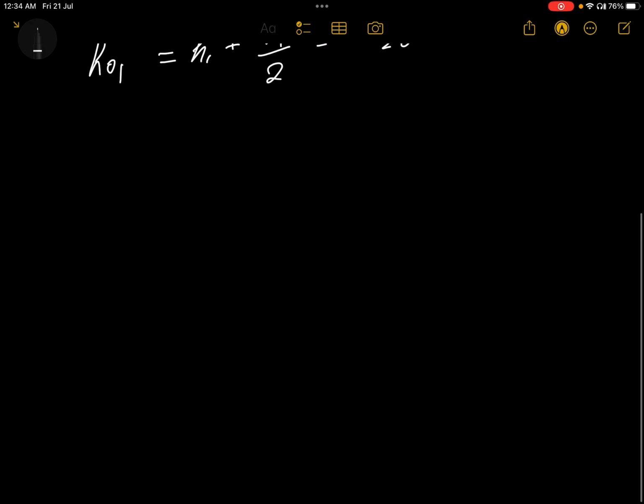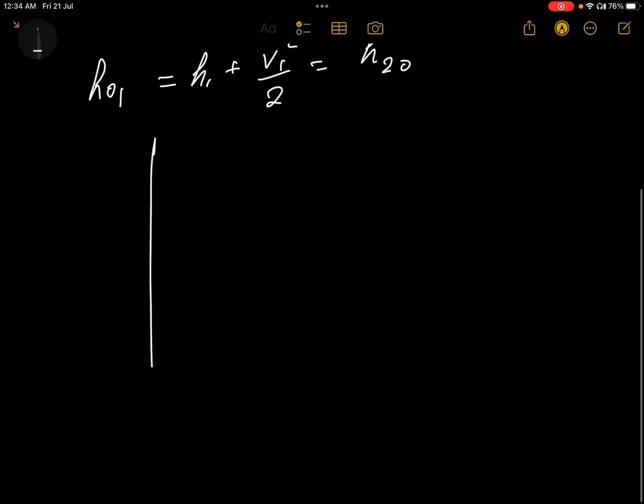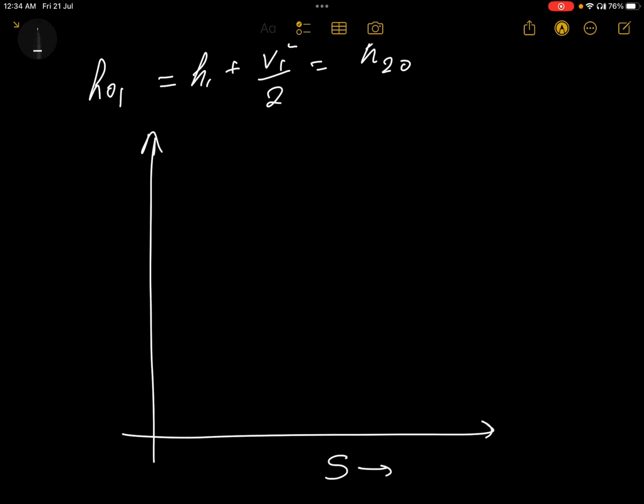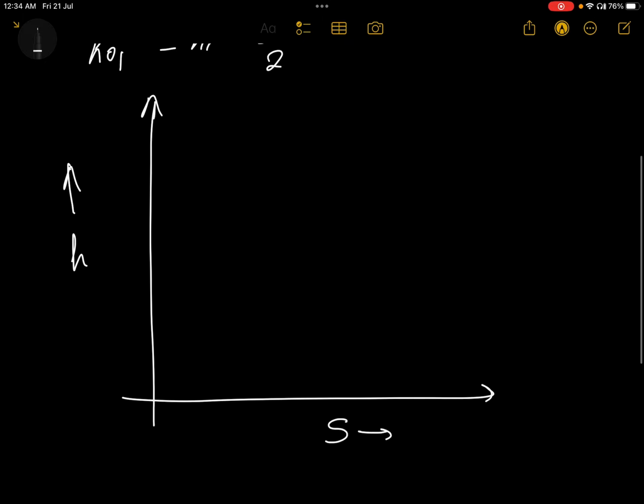Fine. So graphically we can represent it by this figure. Let's say this is the entropy axis and this is the enthalpy axis. We have a state at pressure P1 at enthalpy H1.